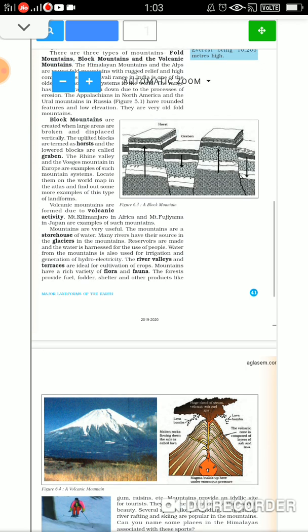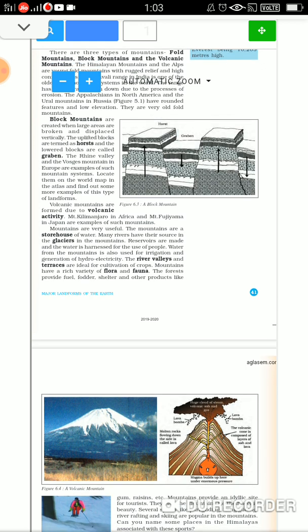Then come the block mountains, children. You can see figure 6.3. Block mountains are created when large areas are broken and displaced vertically. The uplifted block is known as the horst, the lowered block is known as the graben. Examples are the Rhine Valley and the Vosges Mountain in Europe.